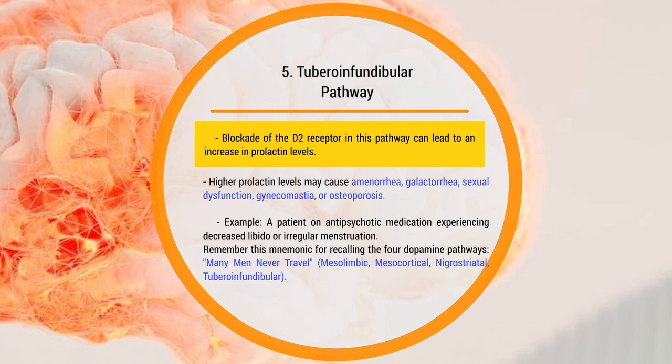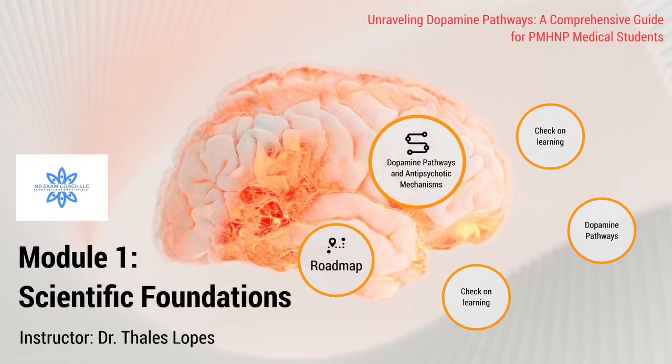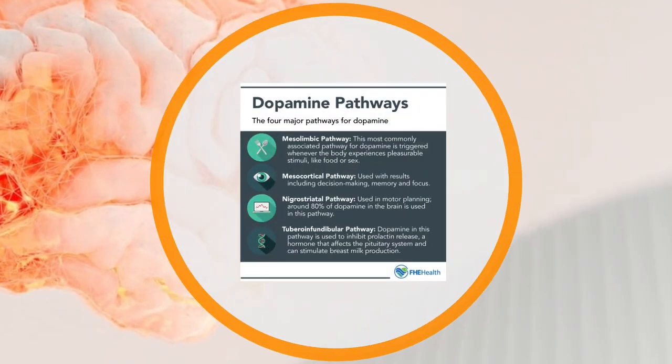What are the side effects that we mentioned? We mentioned amenorrhea, galactorrhea, sexual dysfunction, gynecomastia, and osteoporosis. This is due to the increase in prolactin levels and the decrease in dopamine.